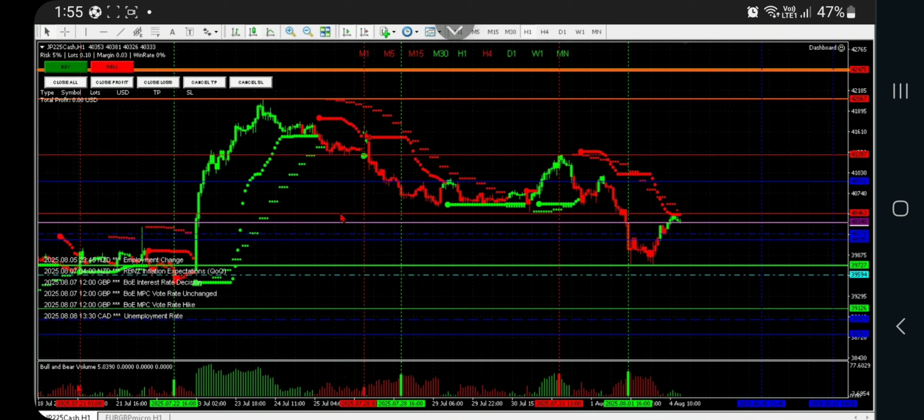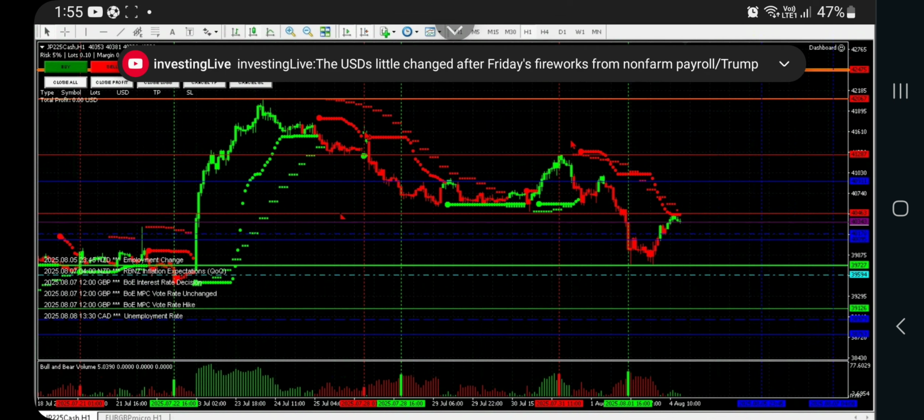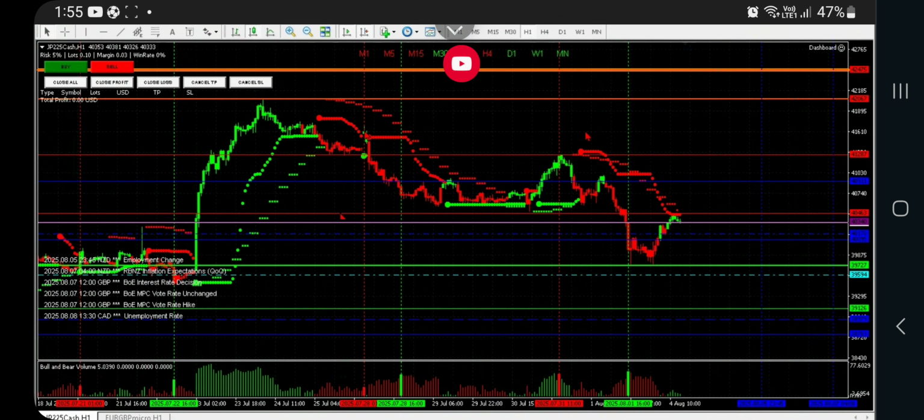So if we look at the bull and bear volume indicator, we can clearly see how powerful these indicators are, because they're informing us of the direction the market is mainly pushing towards next, which gives us a clear understanding of how we need to be analyzing this market and which direction we should be focused on.